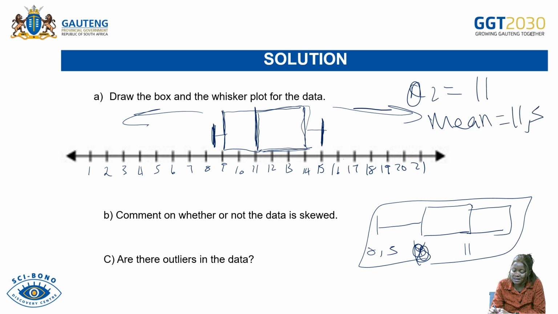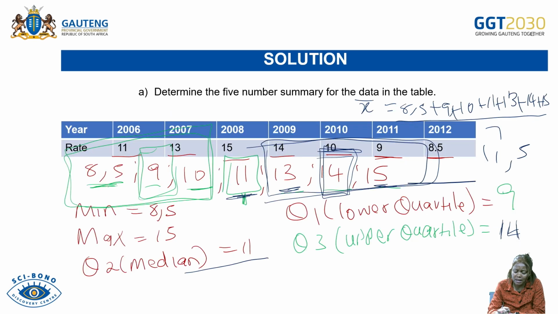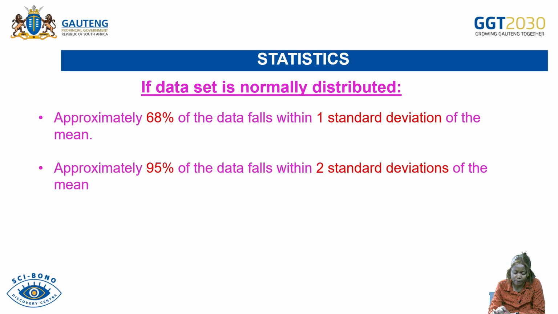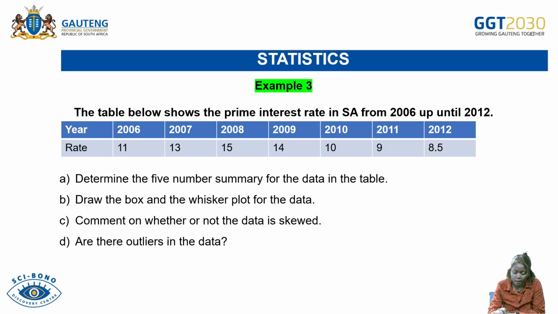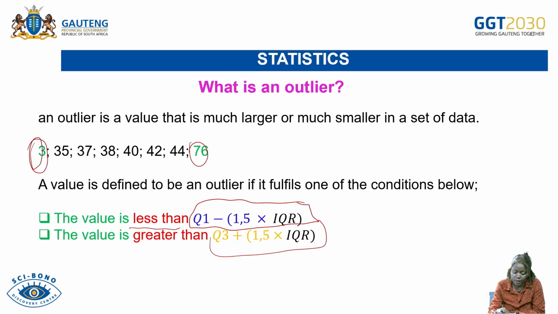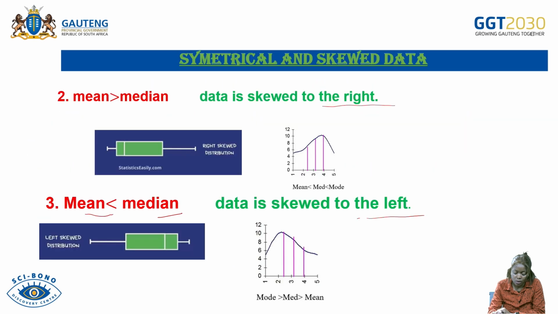So it means the mean is greater than your Q2, which is the median, right? So if your mean is greater than the median, what does that tell you about the skewness of the data? Okay, let's go back to our notes and check nicely.